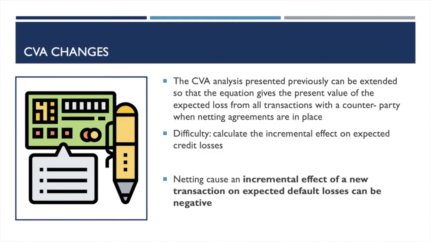This is a challenging task because it is needed to calculate the incremental effect on expected credit losses. Hence, the incremental effect of a new transaction on expected default losses can be negative, which occurs when the value of the new transaction is negatively correlated with the value of existing transactions.